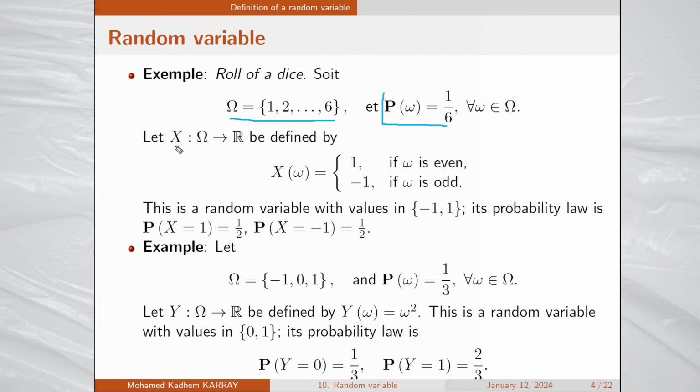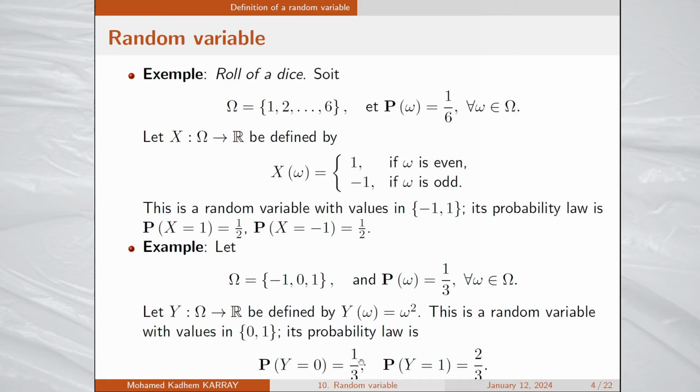Let X be defined on this universe as a random variable such that X(omega) equals 1 if omega is even and minus 1 if omega is odd. This is indeed a random variable with values within {-1, 1}, and its probability law is: the probability that X = 1 is 1/2 and the probability of X = -1 is 1/2.